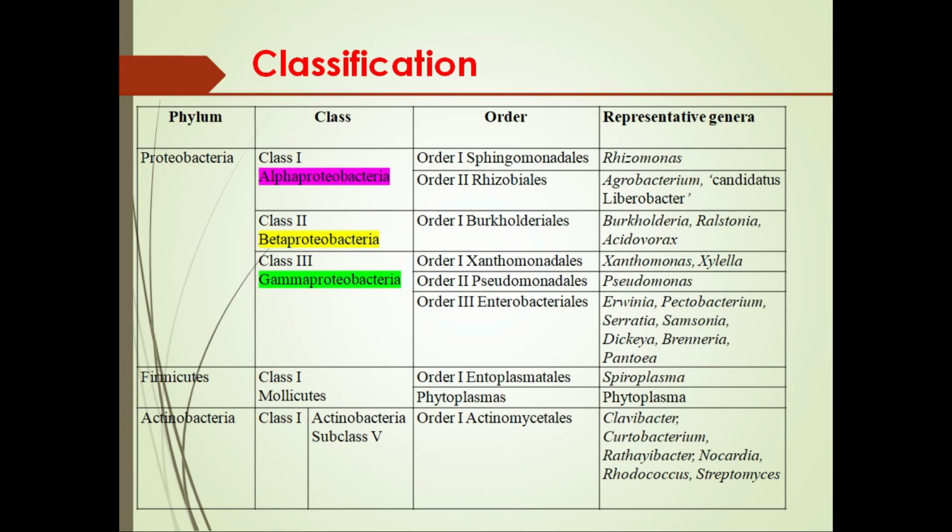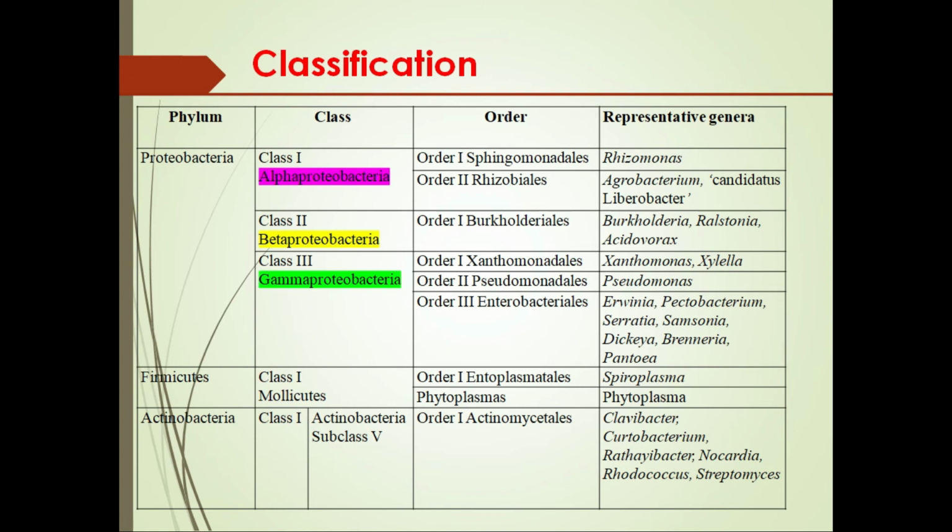We have phylum, the highest taxonomic rank after kingdom. So we have three phyla: Proteobacteria, Firmicutes, Actinobacteria, as far as plant pathogenic bacteria are concerned. Bacterial classification is unified, encompassing all bacteria, but only the part concerned with plant pathogenic ones is presented here.